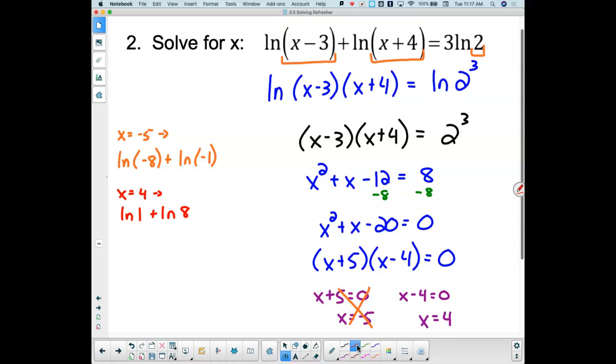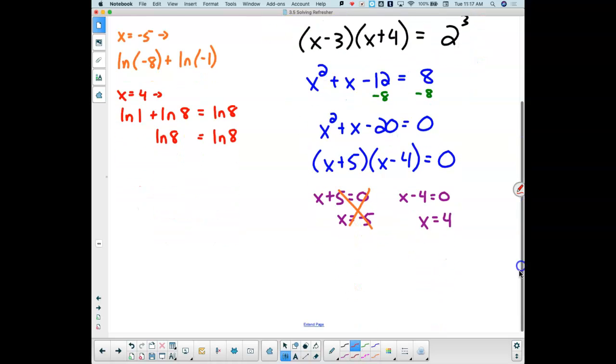So this is just the natural log of 8 equals the natural log of 8. Is the natural log of 8 equal to the natural log of 8? Yeah, so that one checks out. So the only answer we get here in the very end is x equals 4.